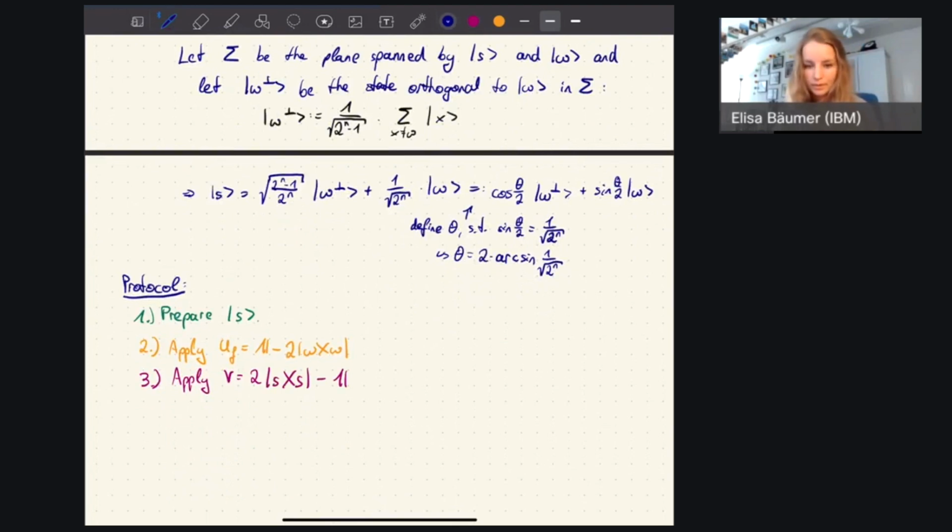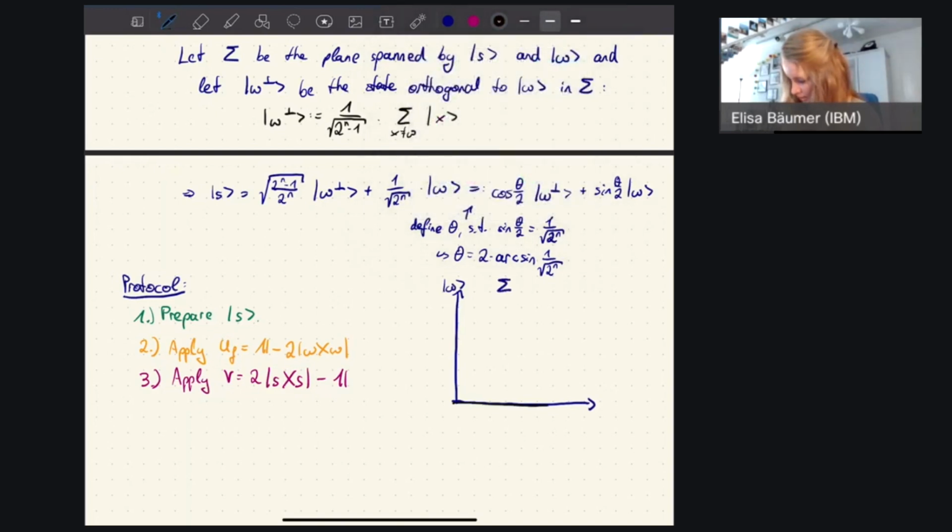Let's plot how that looks to illustrate the algorithm. Let's say we have our state W, and this is the plane sigma.